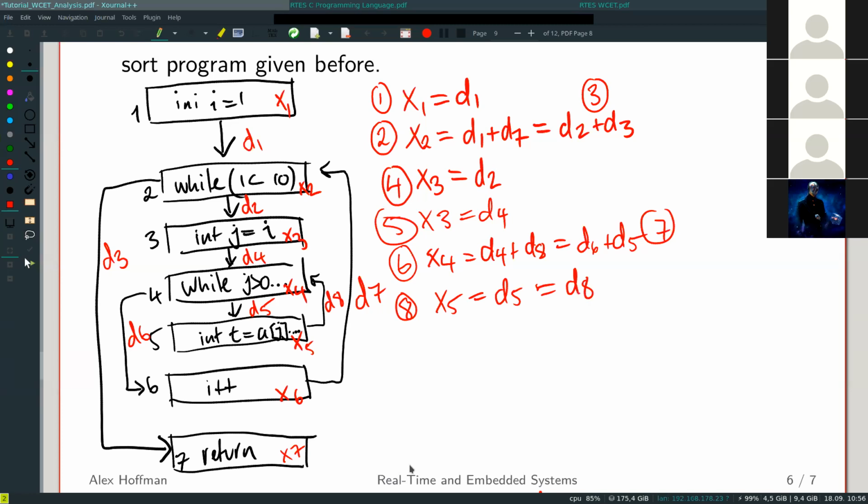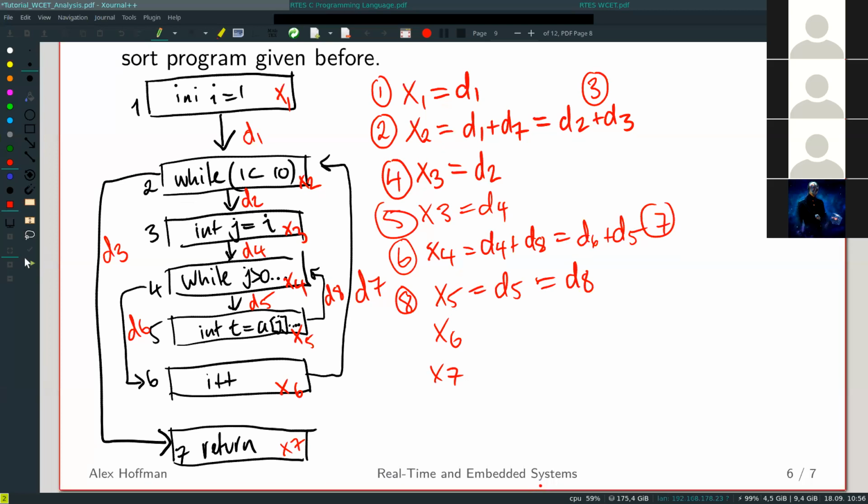So next one. Yep, there we go. So these are the structural constraints.